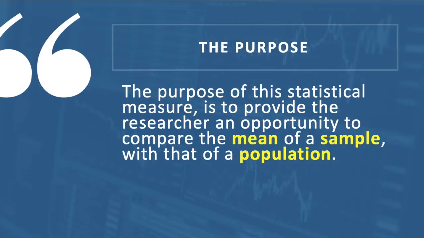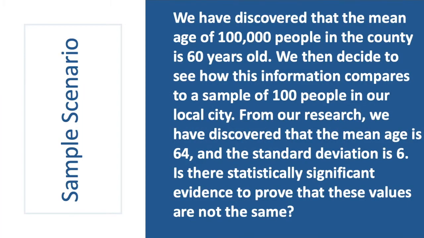The purpose of this statistical measure is to provide the researcher an opportunity to compare the mean of a sample with that of a population. So let's jump into an example so that we can see how to conduct this type of statistical measure. Here's our scenario. We have discovered that the mean age of 100,000 people in the county is 60 years old.